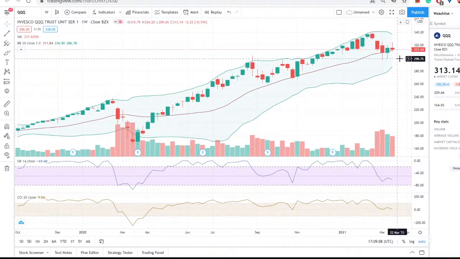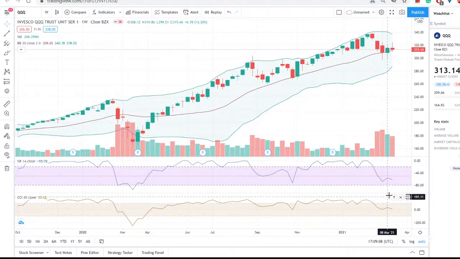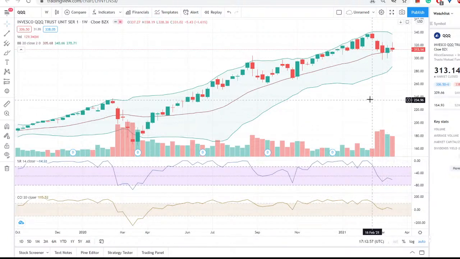So it had reversed a couple of weeks back from this point. Around 290, 293 could become a support this time if it continues further down. Williams R and CCI, these indicators are confirming the downtrend.